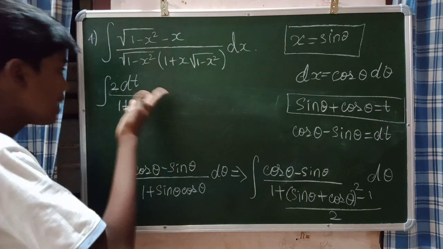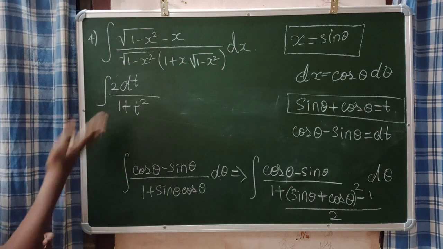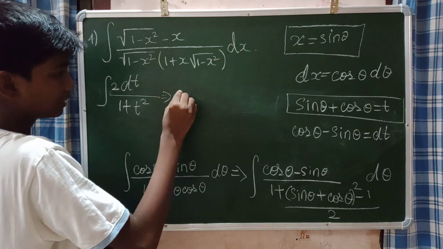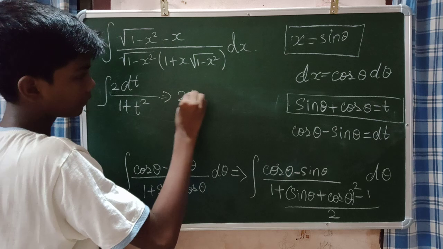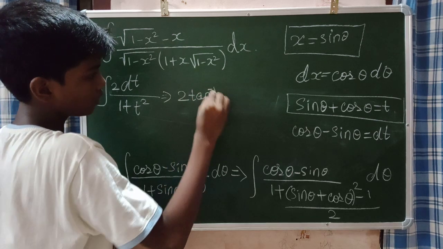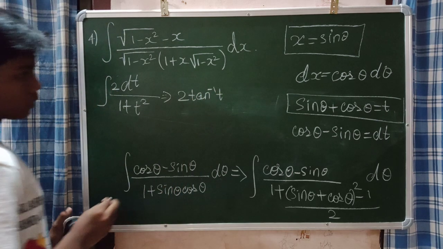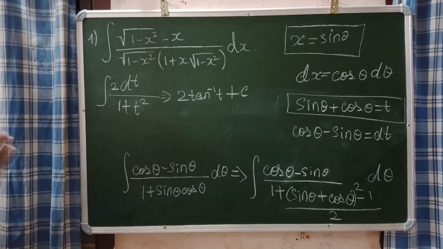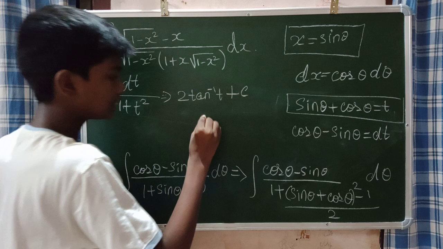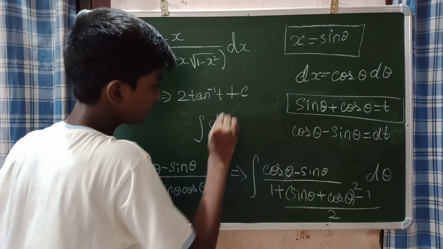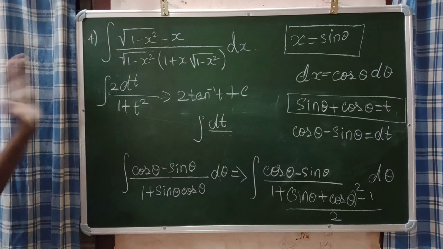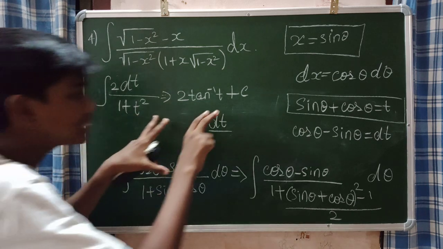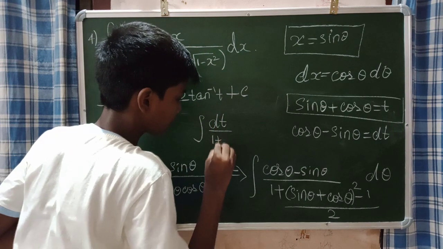Using that formula, this can also be written as 2 of tan inverse of t plus some constant. What I am saying here is a very simple thing. Integration of dt divided by 1 plus t square.